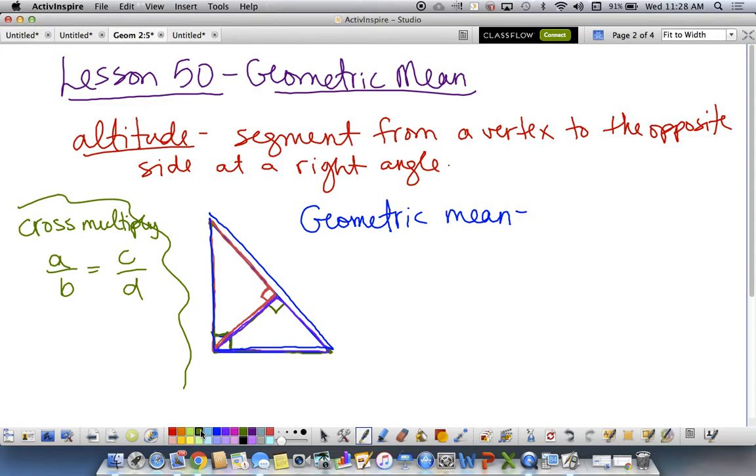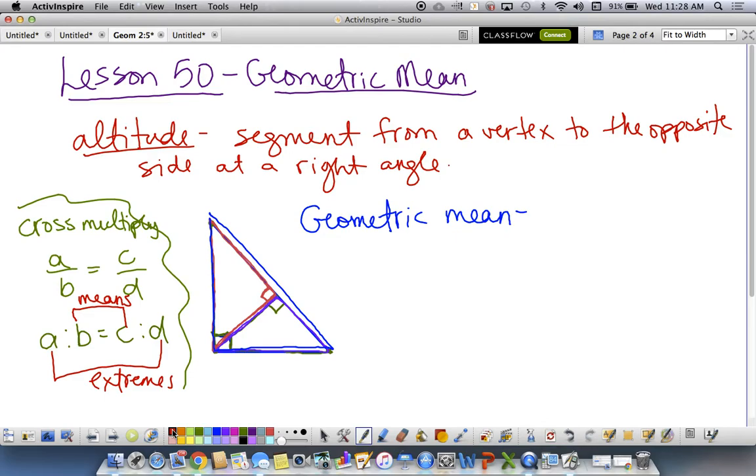And if you don't remember it, it's okay. They rewrote the proportion with colons, A to B equals C to D. A and D were the extremes. The product of the extremes, A and D, is equal to the product of the means.